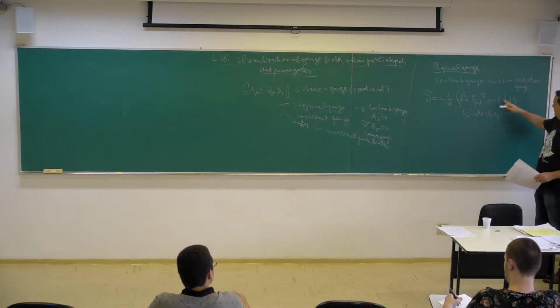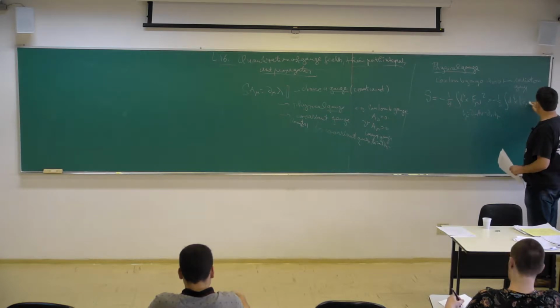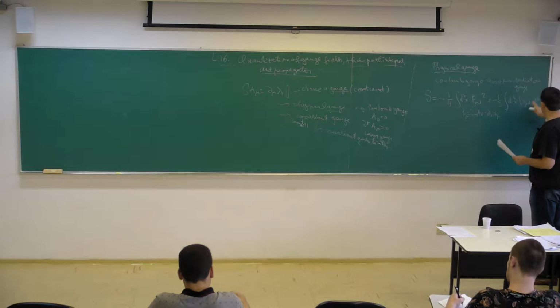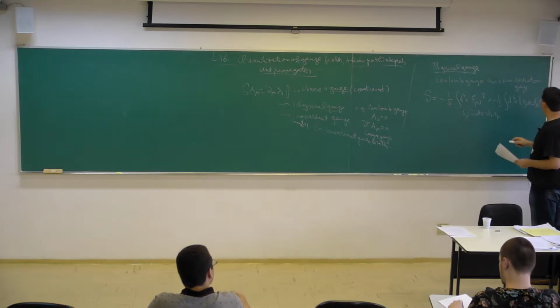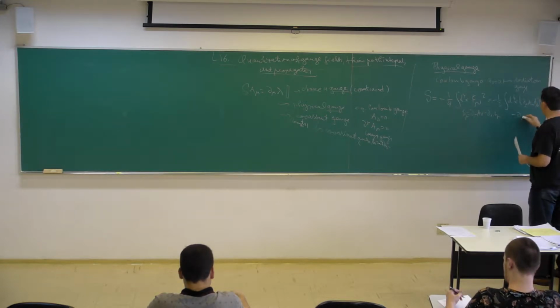So then I get a factor of 2, getting minus 1/2 in front. And here two terms, the ones where I get d mu A nu squared. Now perhaps let me write it explicitly. And then the mixed terms, d mu A nu times d nu A mu.